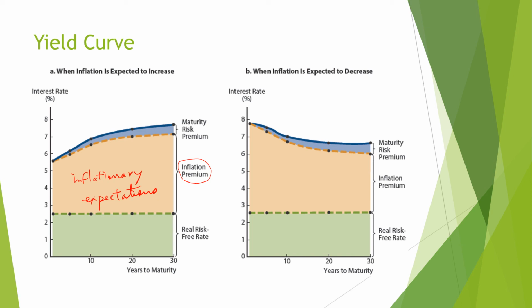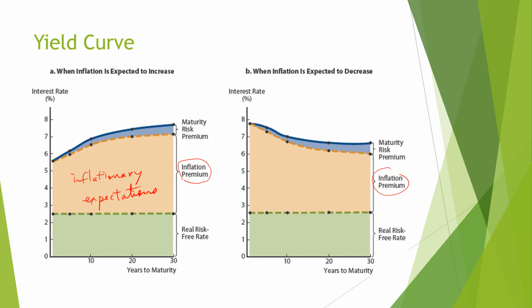The other one, the downward sloping yield curve, is because the inflation premium is going down. That means the price level will go down in the future. That was the factor why yield curves can be upward sloping or downward sloping.